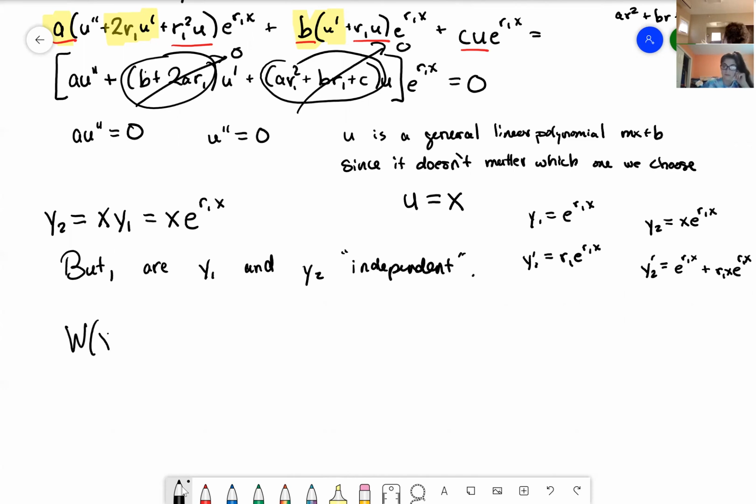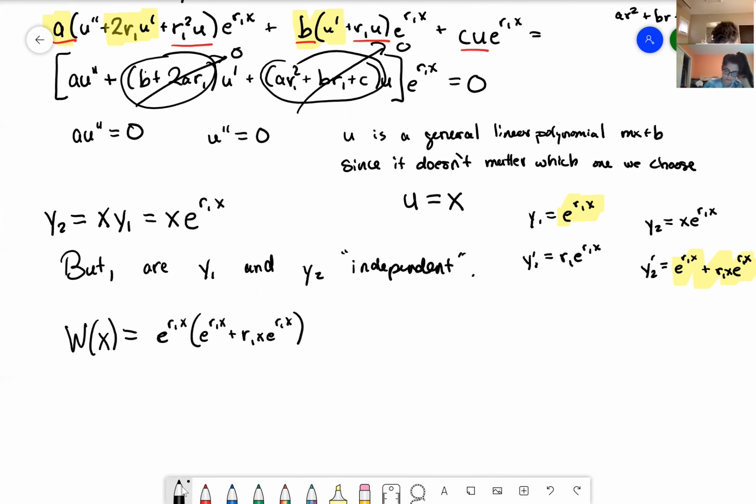And now the Wronskian, which I'm going to write as capital W of x, as a function. And we know how to compute the determinant. If it were in matrix form, we would just take this multiplied by this. And so that is just e to the r1x times e to the r1x plus r1x e to the r1x.